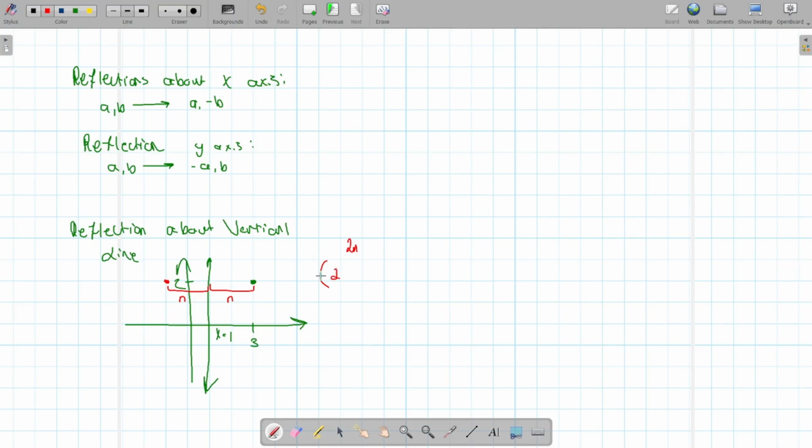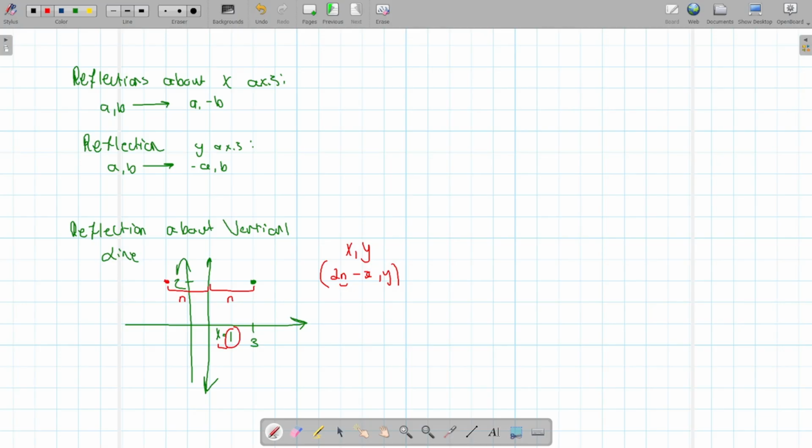So the formula for a reflection about any vertical line is 2n minus x comma y. If you have any point x comma y, and it's reflected about any vertical line, in this case x equals 1, it will be 2n minus x, comma y. To apply it, n is, the x equals what?